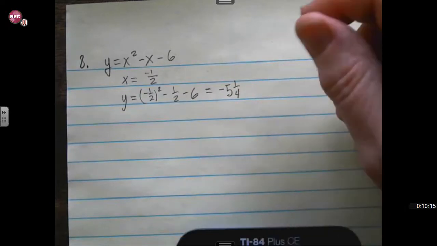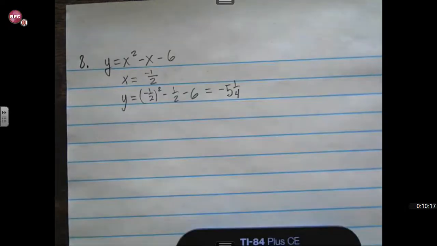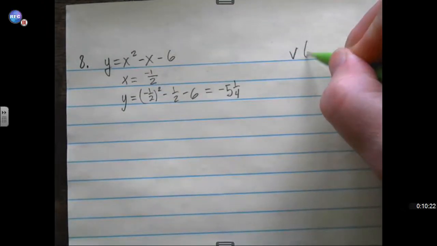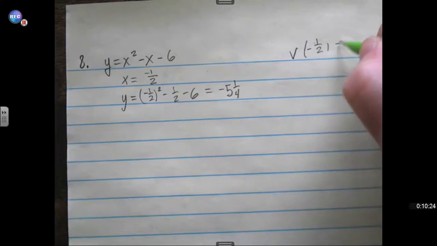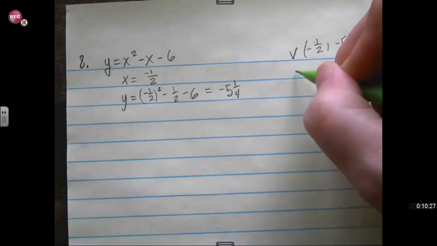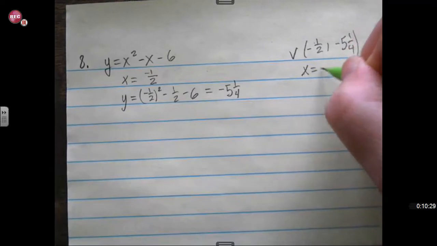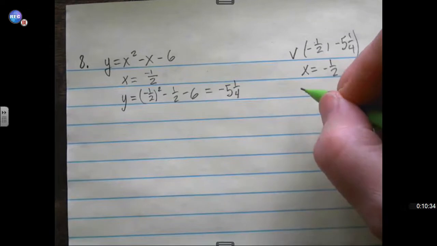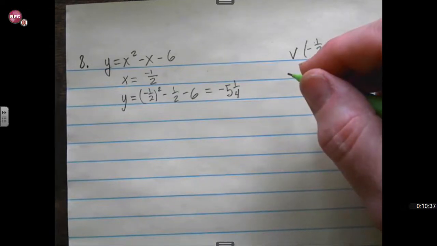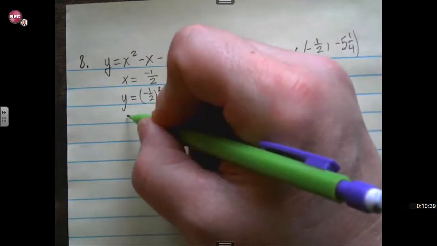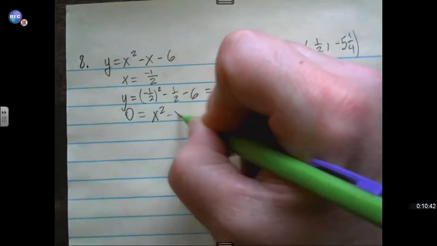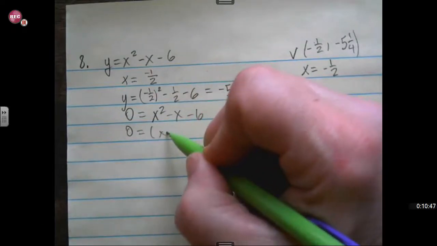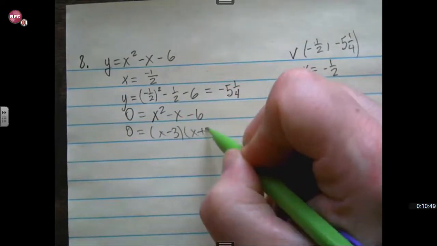And then this opens up. The y-intercept, so let's see, the vertex is -1/2, -5 1/4. The axis of symmetry is x equals -1/2. The x-intercepts, I can find those now by setting this equal to 0, x squared minus x minus 6, and that factors to x minus 3, x plus 2.